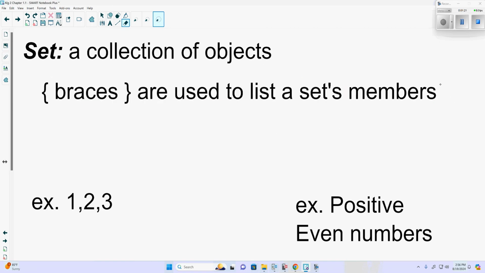Braces are used to list a set's members. Sometimes we'll have to use ellipsis points. I had to look that up. But we'll see that here in a minute, because you all know what ellipsis points are.